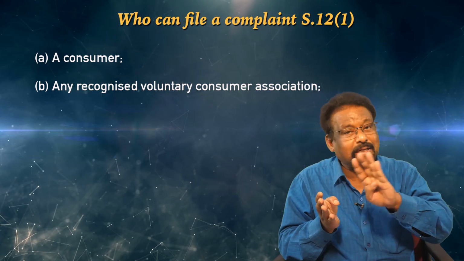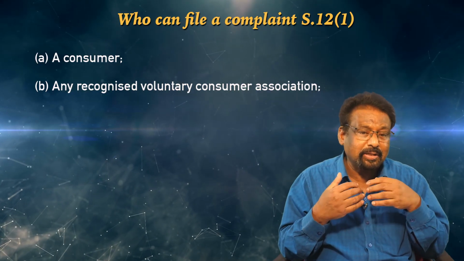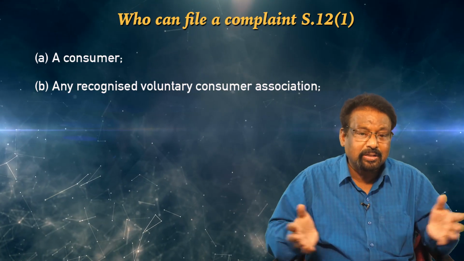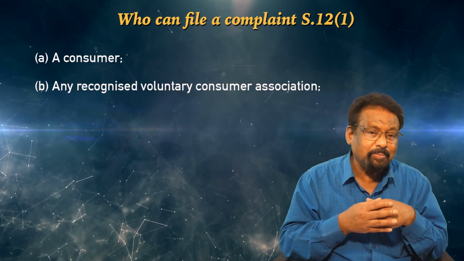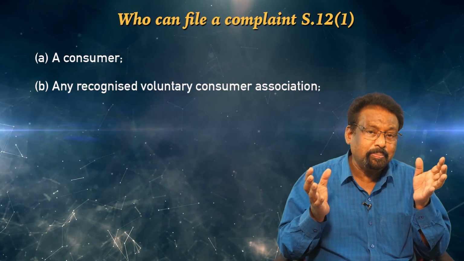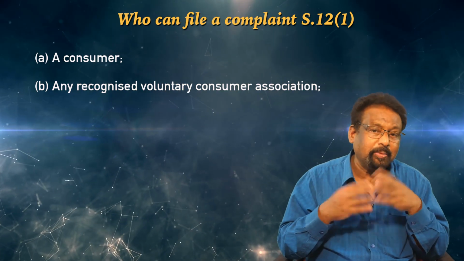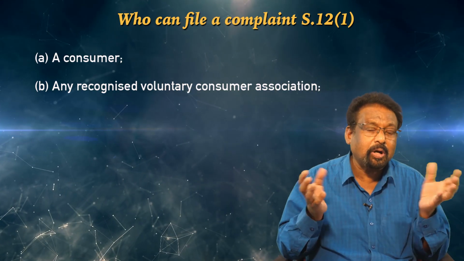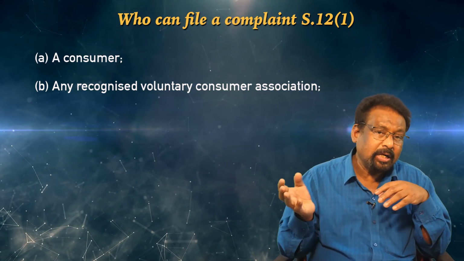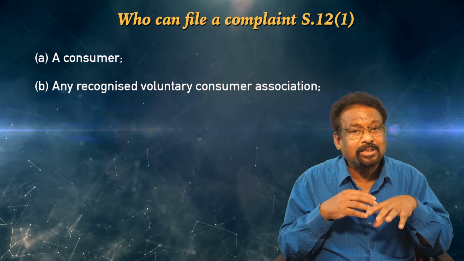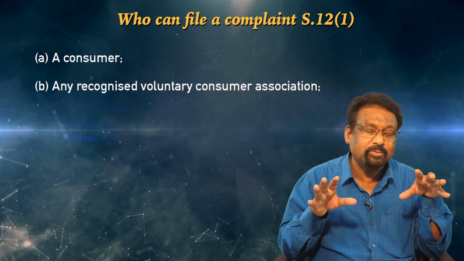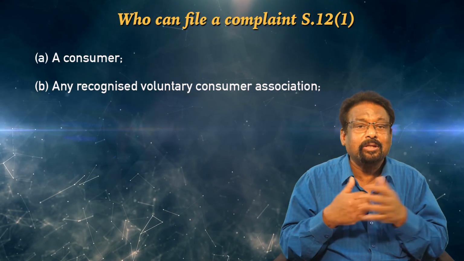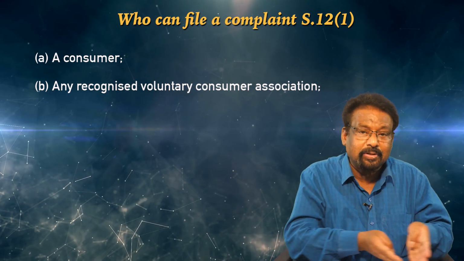That's one, the individual. In any case, sometimes it will be difficult for an individual to fight a case alone. So they can come together, like another good example, the members who paid money to the builders. The builder promised to hand over possession to all the members, 20 or 30 or 40. Now the builder, after collecting all the money, is not in a position to deliver the possession.